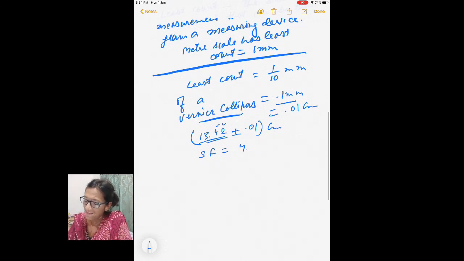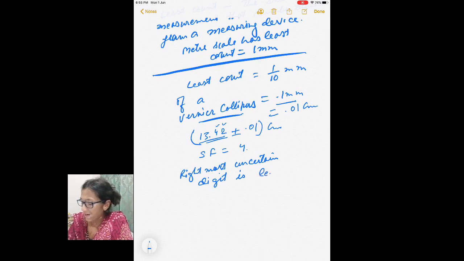This uncertain digit, the rightmost uncertain digit, is least significant.